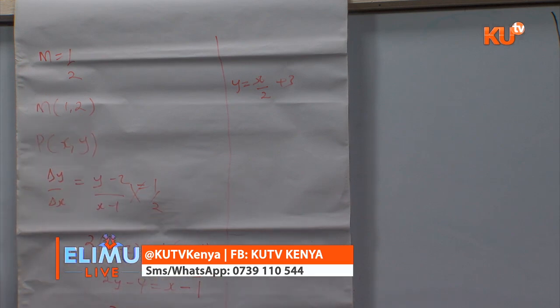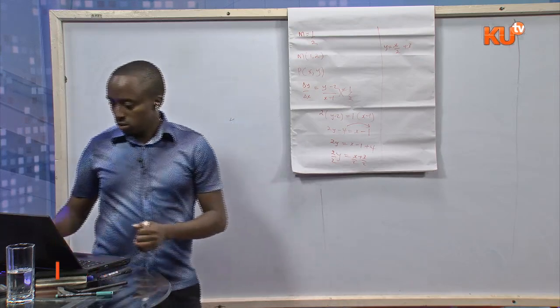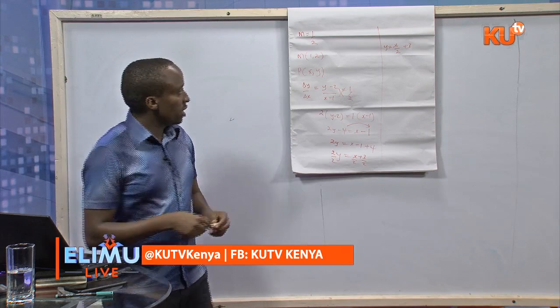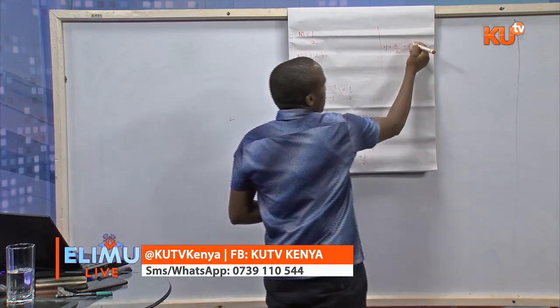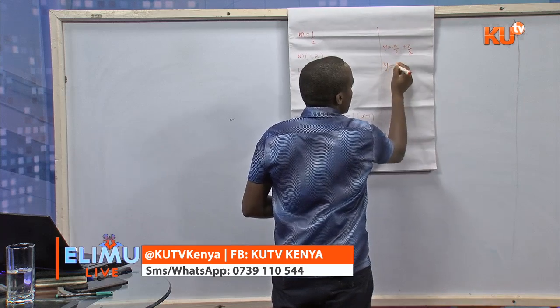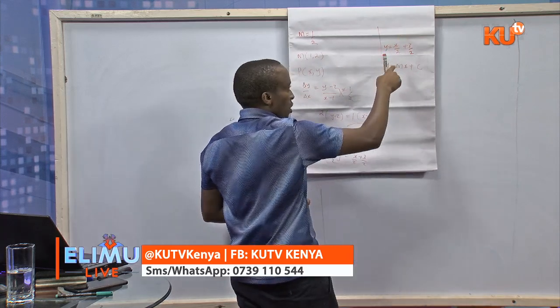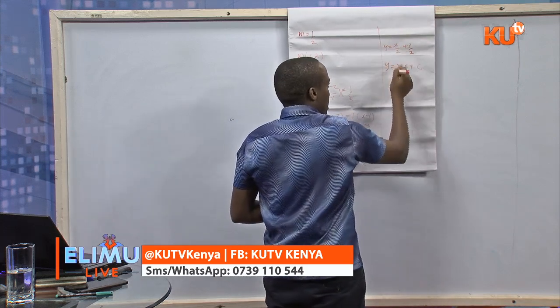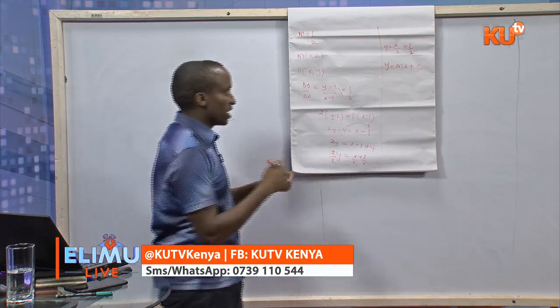That concept you have to know at the back of your mind. The general formula for this is y = mx + c, where c is the y-intercept, 1/2 is the gradient, and x and y are variables, which can change.